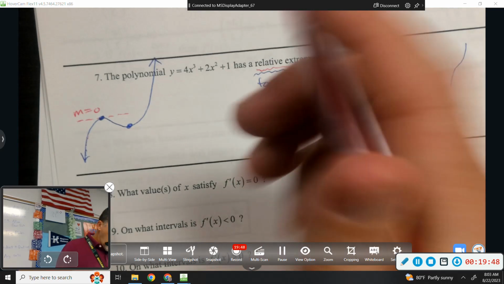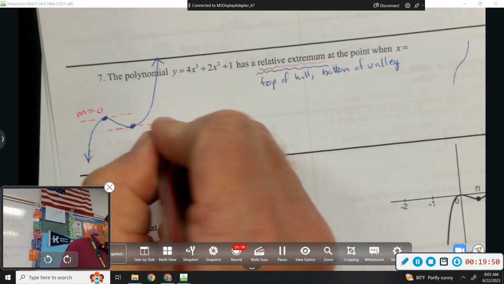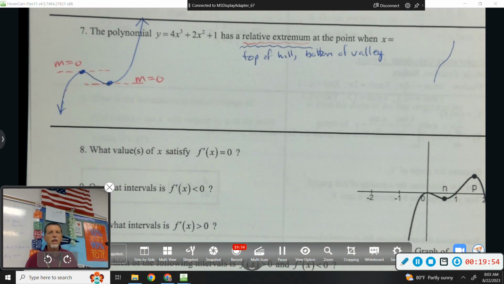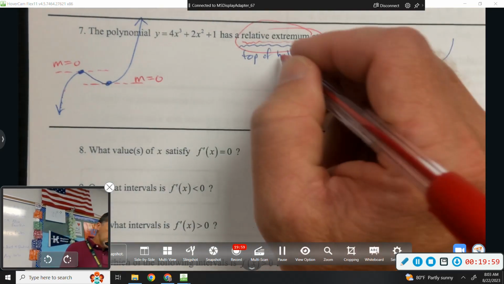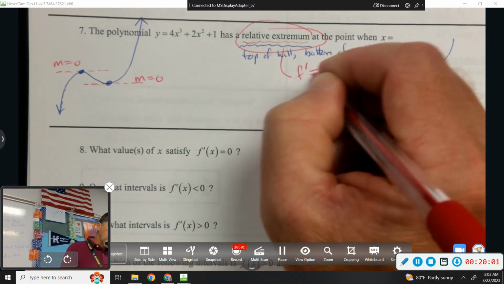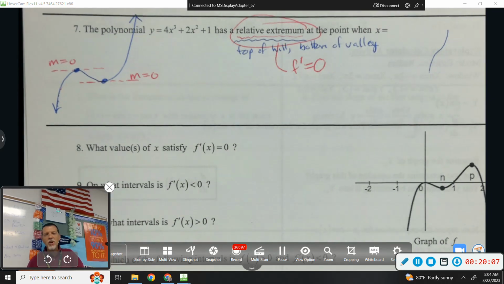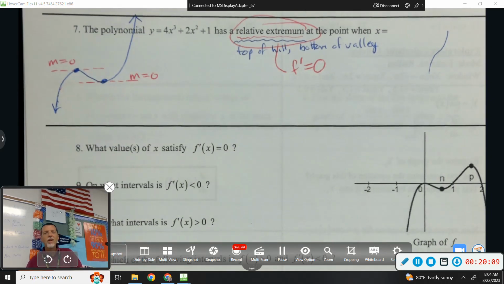Same thing at the bottom of a valley. The slope is 0. So relative extrema is another way of asking where is the derivative 0. So I guess it's a new term, but it's still using the same process. Where's the derivative equal to 0?